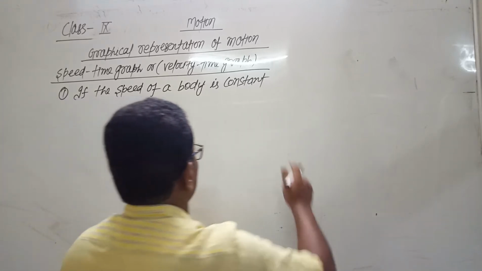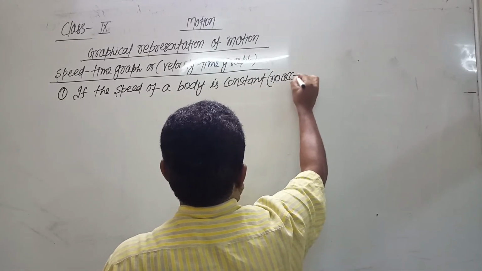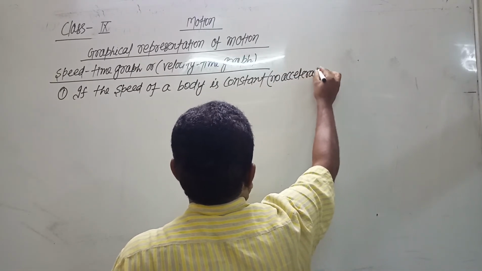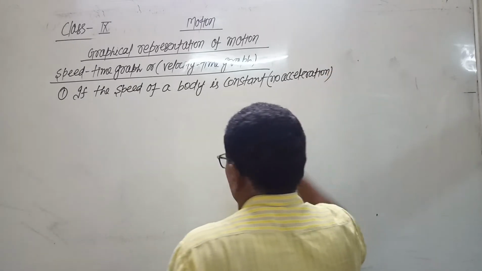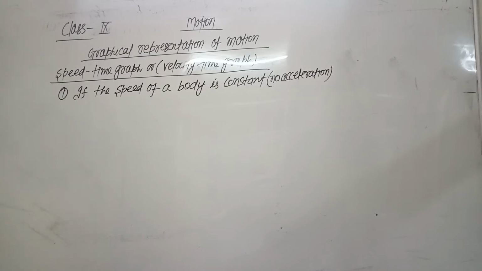If the speed of a body is constant, it means it has no acceleration. Or we can say that if the speed of a body is constant, then its acceleration is 0.